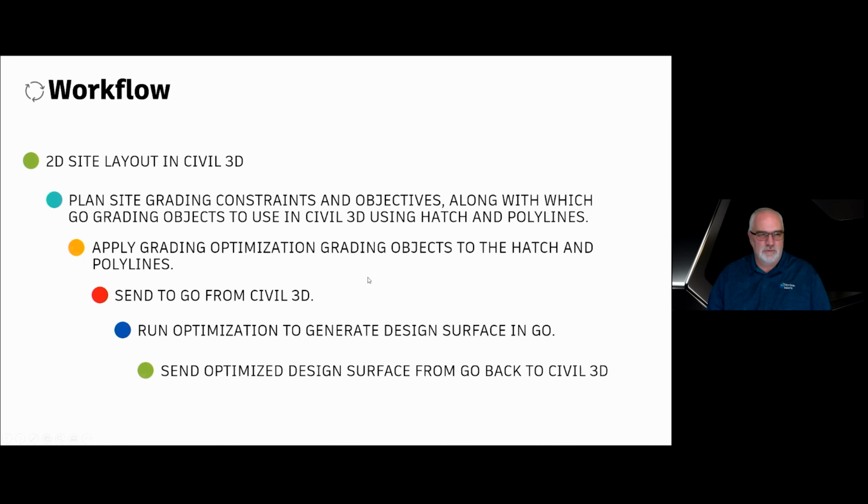We'll be working through the following workflow: 2D site layout in Civil 3D is your basic AutoCAD function, so I'm going to assume that you already know how to lay out a site. Plan site grading constraints and objectives, so taking that site plan and figuring out what constraints and objectives to apply to it.